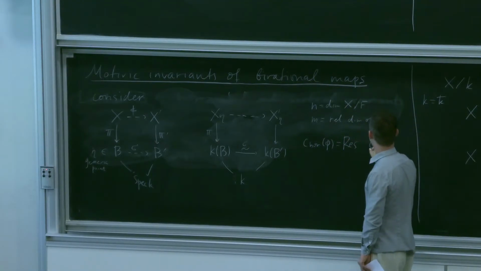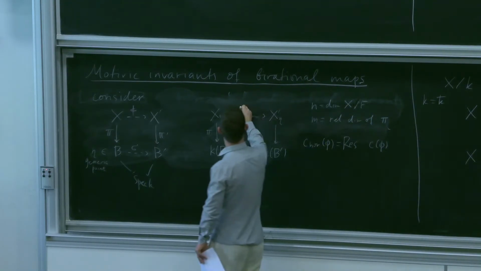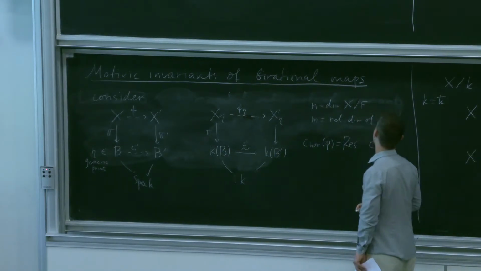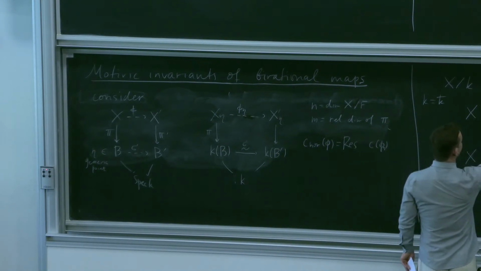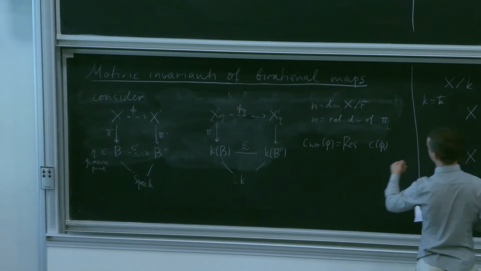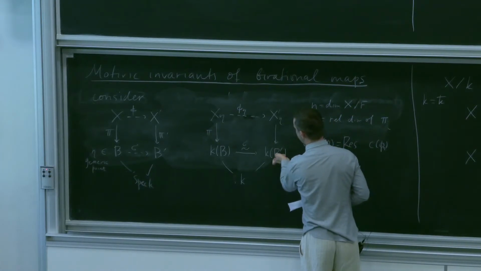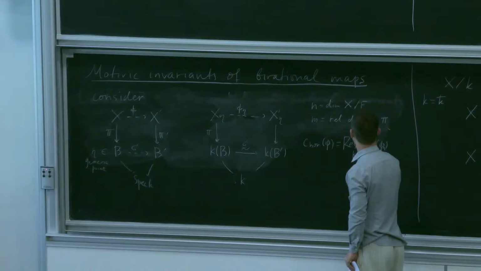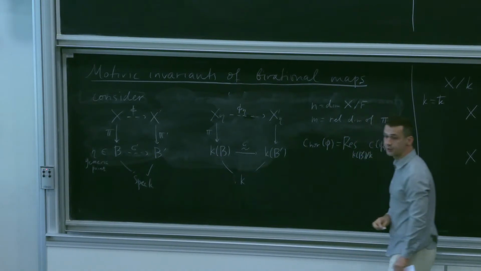I'll write this phi eta, and this is phi eta. And now I have an element in the Burnside group of this field, and I want to restrict it from k' to k, restriction of scalars.